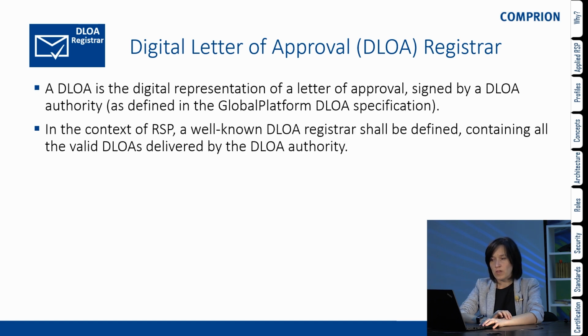In the context of the RSP, a well-known DLOA register shall be defined containing all the valid letters of approval in a digital format delivered by the according authority. So we have a kind of registration. Okay, this product is approved, and here's the digital format of the letter, please retrieve it. This is the basic idea.